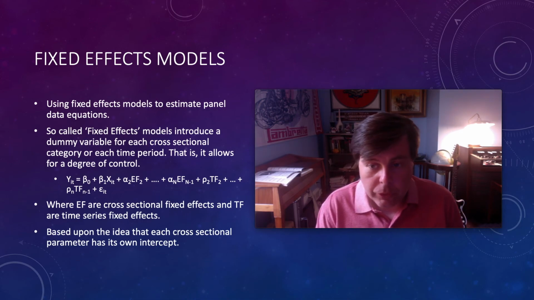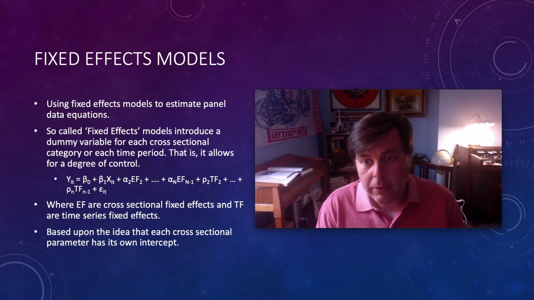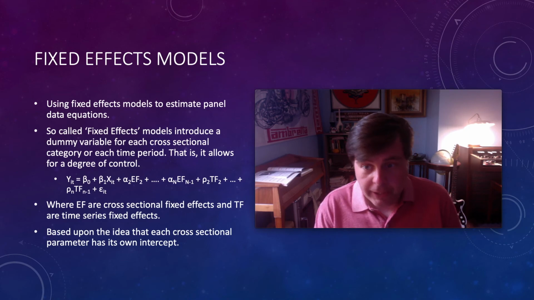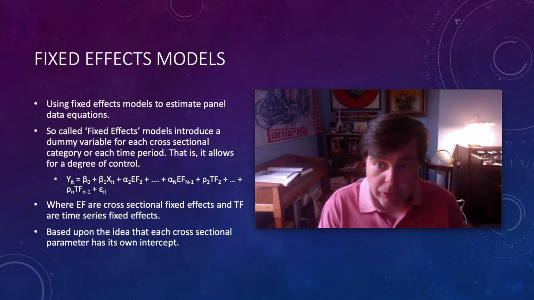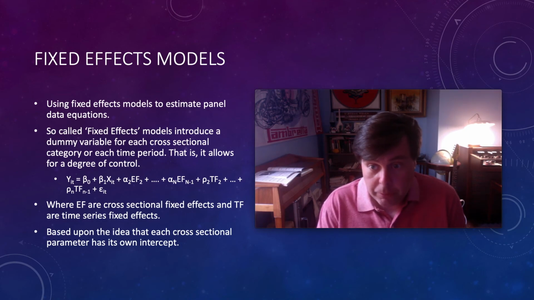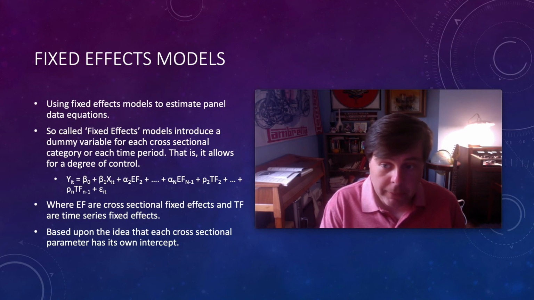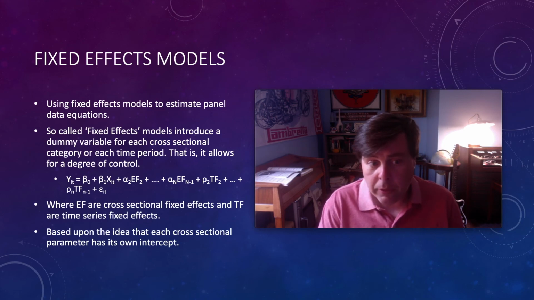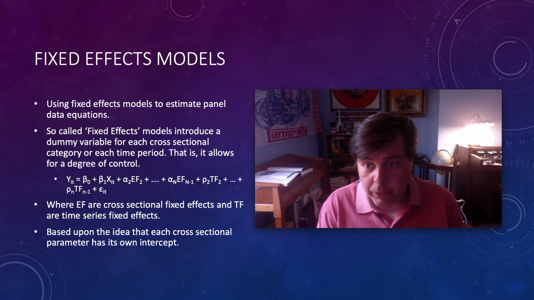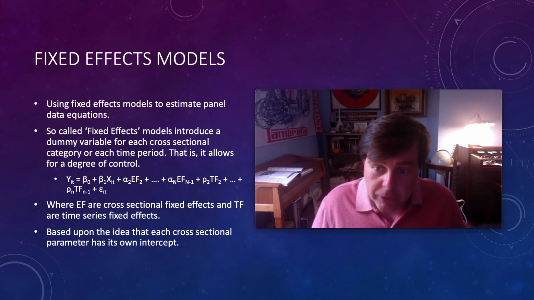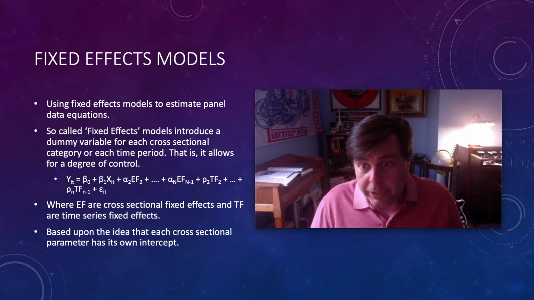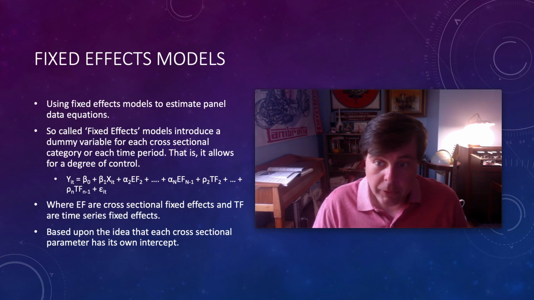So while you do gain the allowance for each state, in my example, to tell its own story, which is a big benefit, there is a cost to that in losing degrees of freedom, and potentially losing so many that you hinder your analysis in other respects, right? So in employing fixed effects models, having large data sets is very helpful.